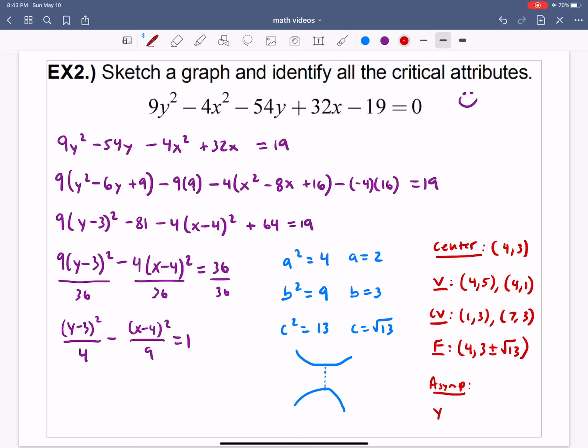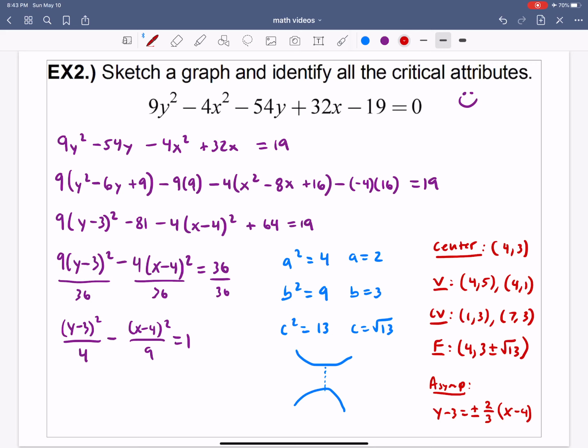So it's going to end up being y minus 3 equals plus or minus rise over run. So look at your graph. Do you rise A or do you rise B? We rise A. So it's going to be plus or minus A over B, which we can actually plug in the real numbers. Plus or minus A over B is plus or minus 2/3 times x minus 4.